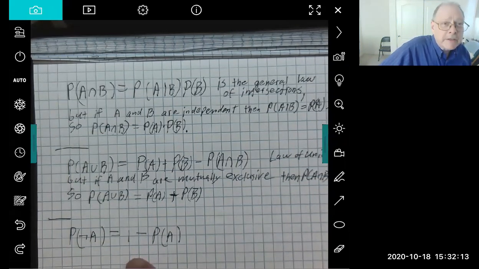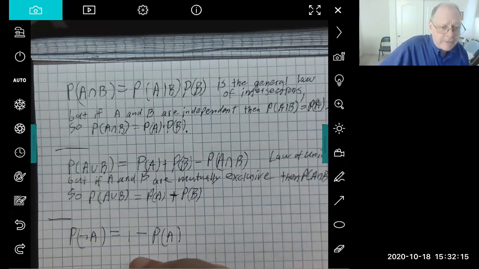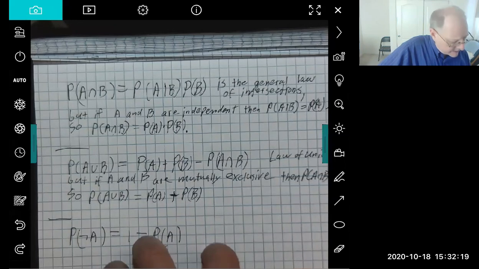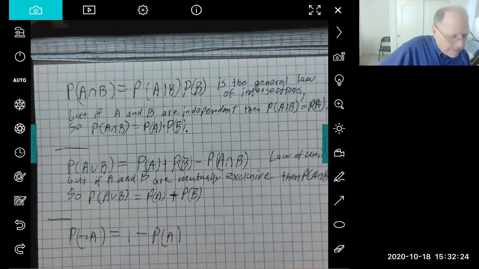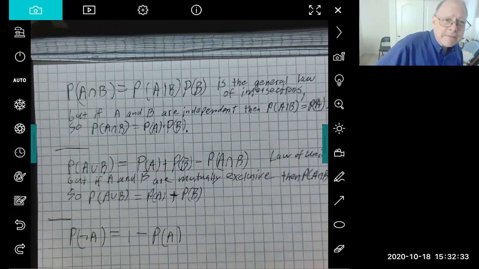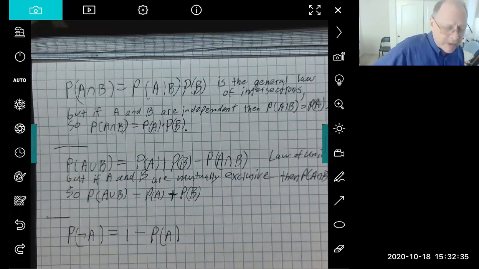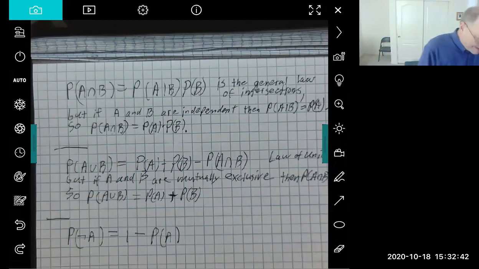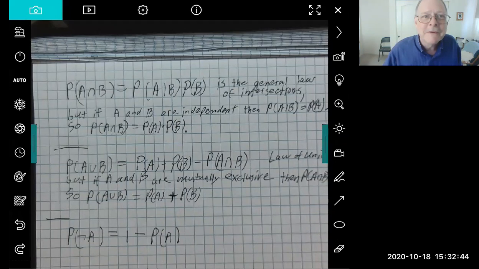I'm going to do a separate lecture on something called the law of total probability. So we'll have that one to add to this list. And then I need to show you De Morgan's laws. We'll put that in a separate lecture as well. But then once you have these three things and the two more, then you can solve all the word problems. Okay, so that does it for this presentation.